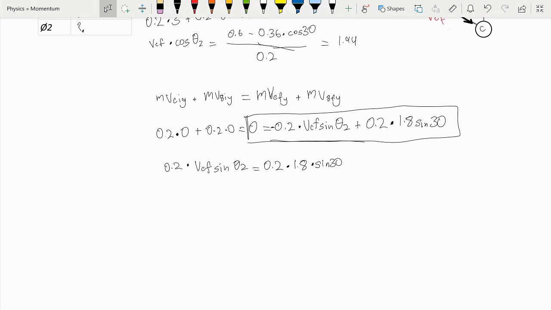And if we simplified this, we would get VCF times sine theta 2 is equal to 0.9.